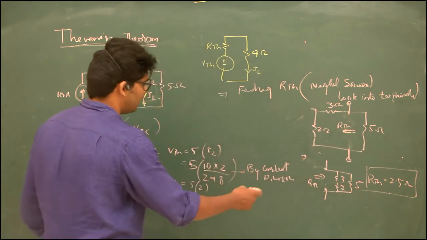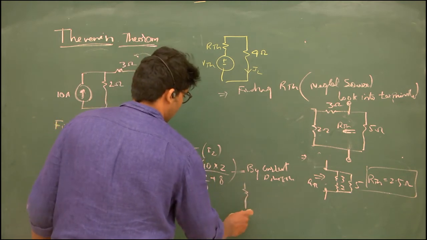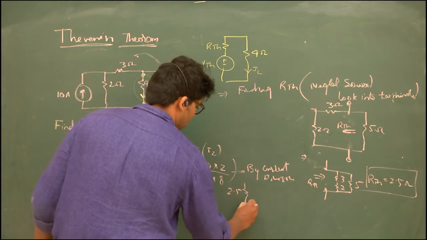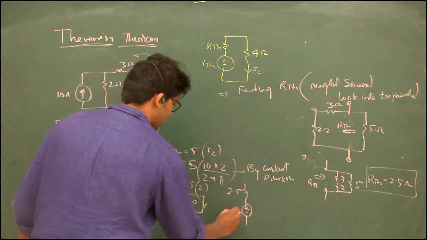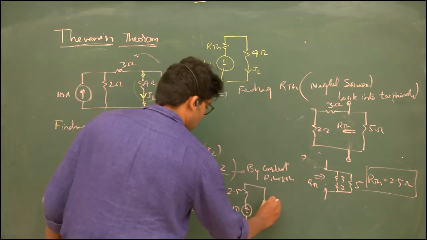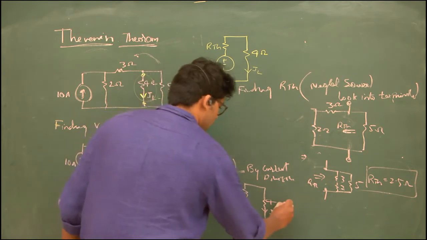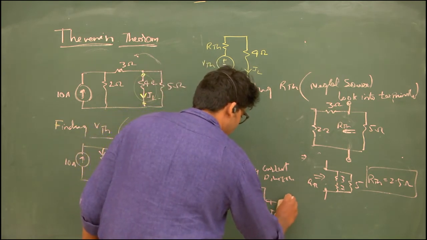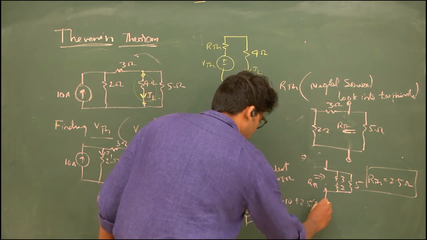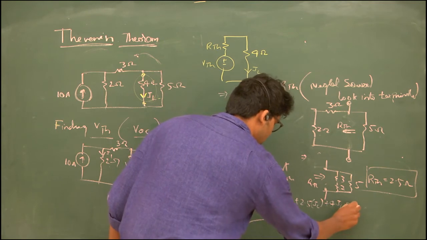After getting RThevenin and VThevenin, now we replace that circuit with the Thevenin equivalent circuit, that is 2.5 in series with a voltage source of 10 volts and a 4 ohm load with load current IL. Therefore, the mesh KVL equation: minus 10 plus 2.5 IL plus 4 IL equal to 0.